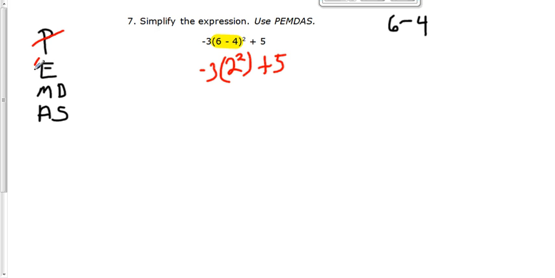What comes second in your order of operations? Exponents. So that means I've got to figure that out first. 2 squared means 2 times 2. And 2 times 2 is 4. So now I have negative 3 times the 4 plus the 5.